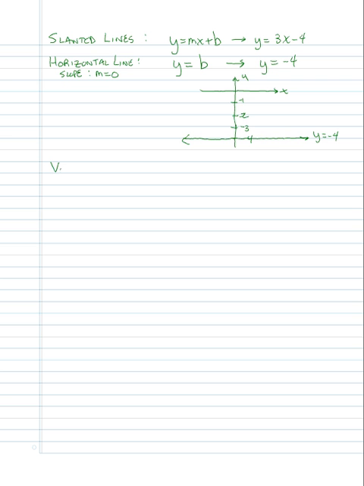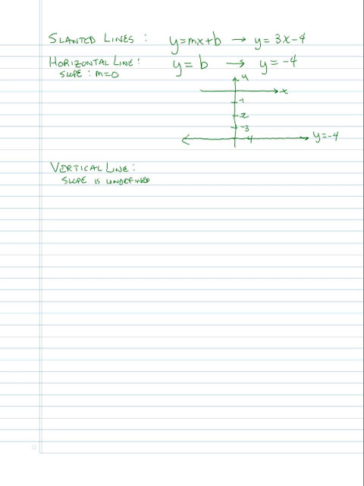Now, similarly, vertical lines are also different than slanted lines in the way the equation looks. In a vertical line, just as a reminder, the slope is undefined. We can't represent a vertical line with a slope.